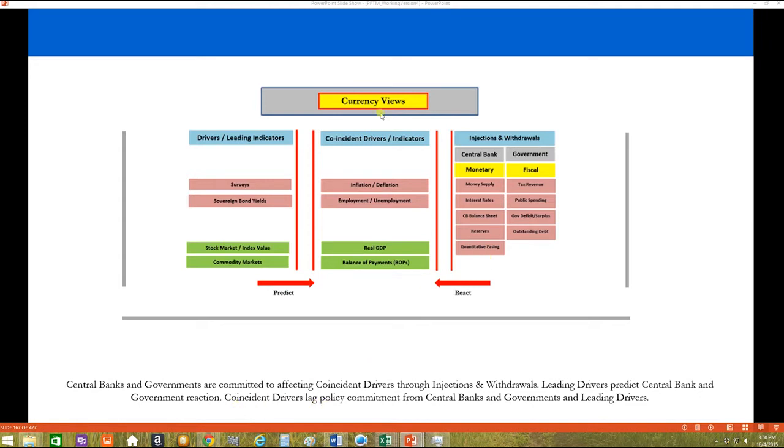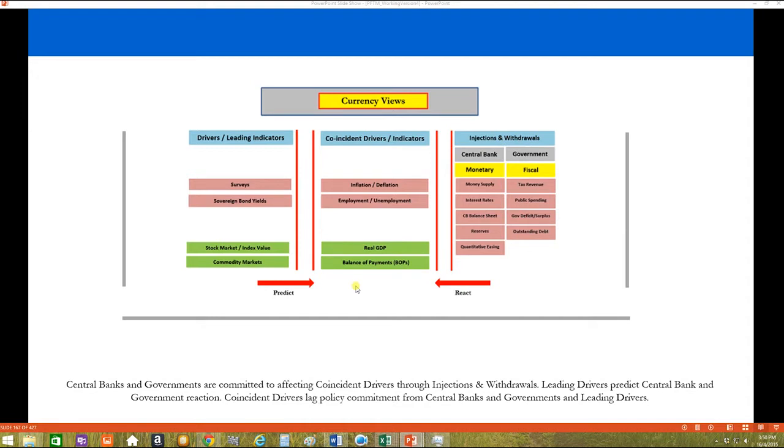And the coincident drivers themselves lag the policy commitment from the central banks and the governments. So the leading indicator predicts what the coincident drivers are, therefore predicting what the reaction is going to be. And the coincident drivers lag both of them.